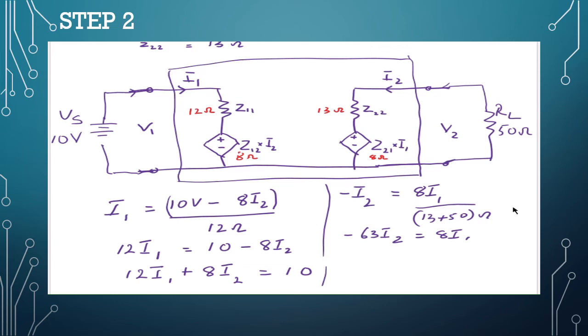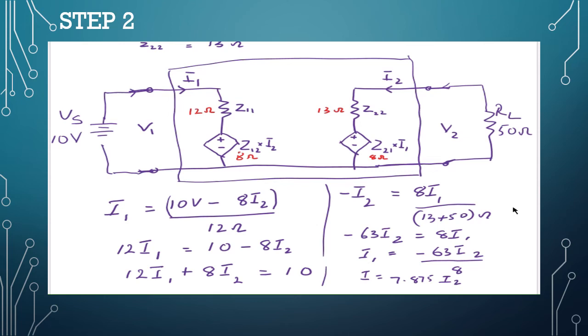So we have that I1 is equal to negative 63 I2 divided by 8. So we get that I1 is equal to 7.875 I2.